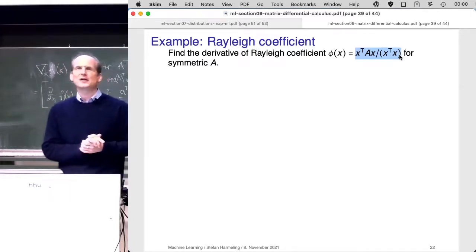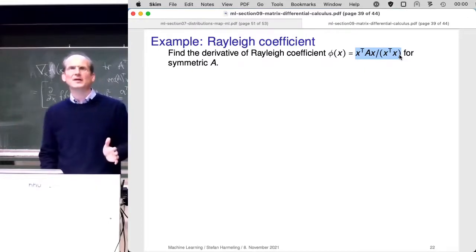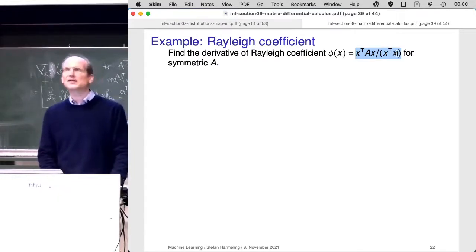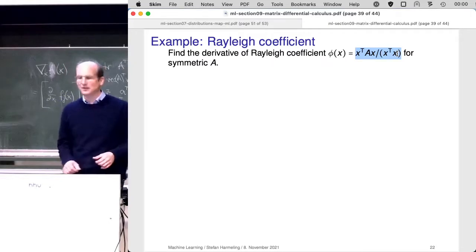It's computing the largest eigenvalue if you let x go somewhere or something like that. Yeah, I think you maximize the Rayleigh coefficient with respect to x, and this gives you the eigenvector of the largest eigenvalue. Okay, so that is what the Rayleigh coefficient is doing.